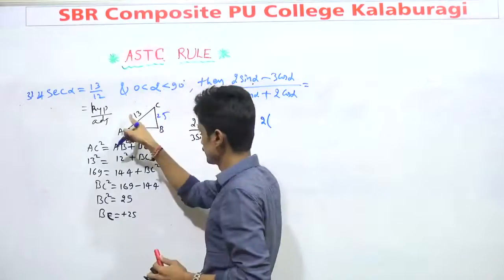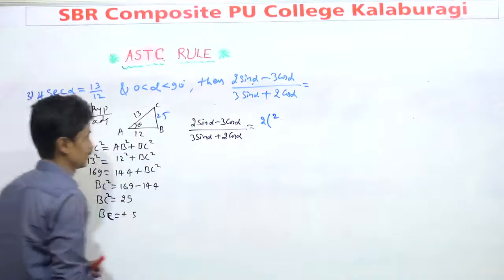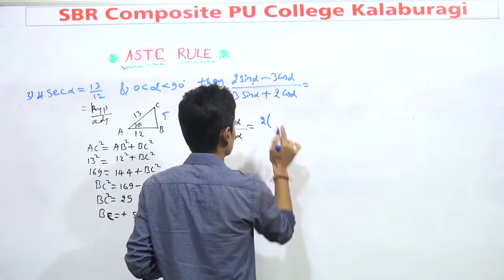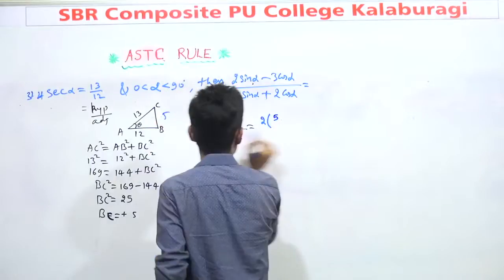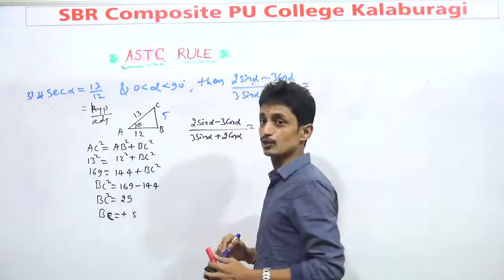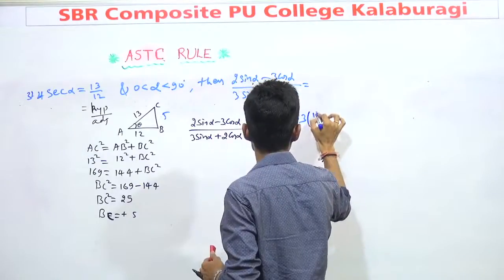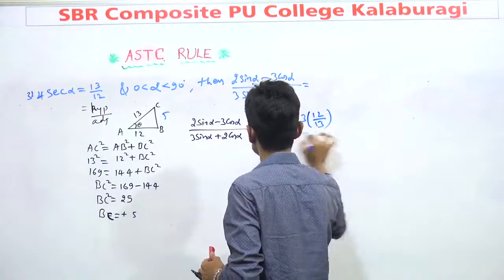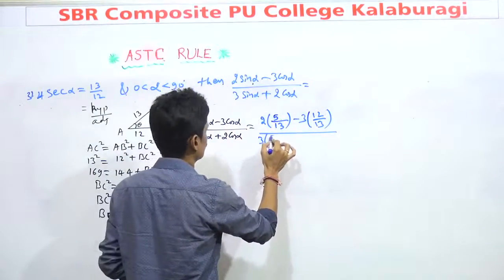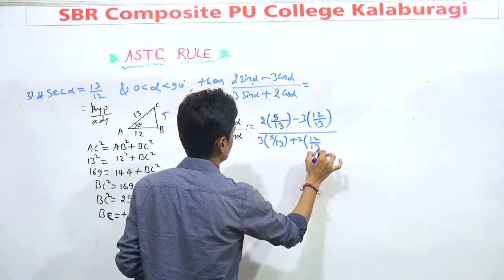Sine is opposite by hypotenuse, that is 5 by 13, because square root of 25 is 5. Minus 3 times cos alpha. Cos alpha is adjacent by hypotenuse, that is 12 divided by 13. Whole divided by 3 times 5 by 13 plus 2 times 12 by 13.